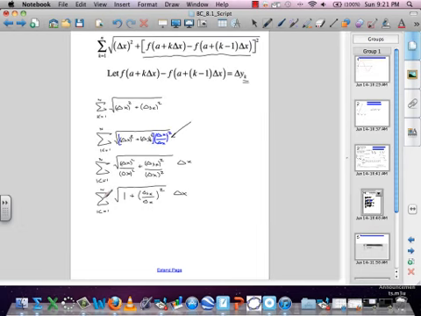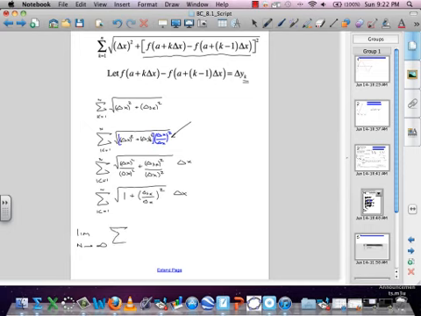Okay, and so the idea here is we want to take as many pieces of the curve as we can, chop them very, very thinly until we have the exact answer. And so to do that, we need to take the limit as n approaches infinity. Okay, so let me write out the expression here. The limit as n approaches infinity of what?